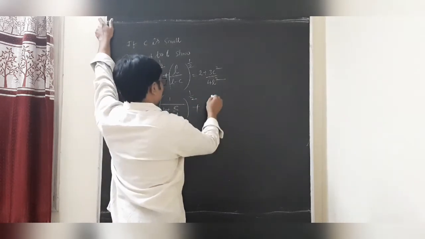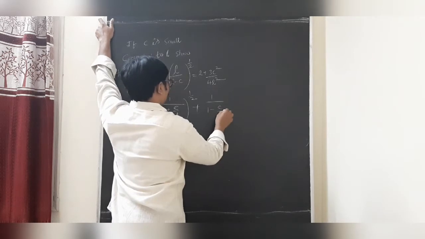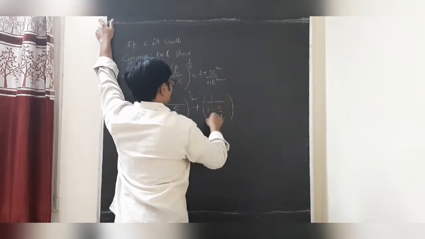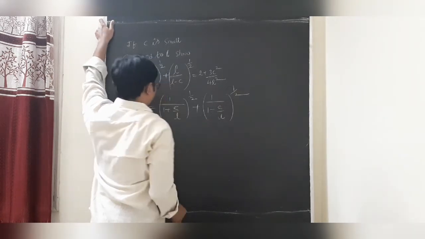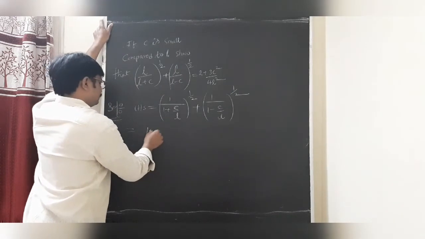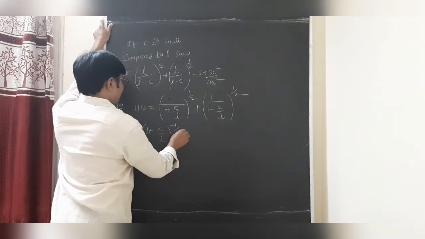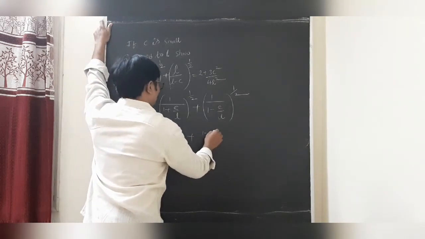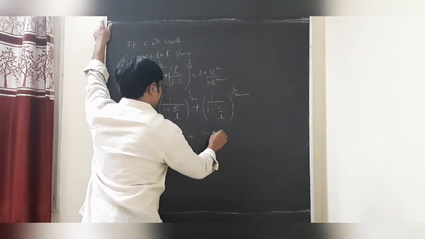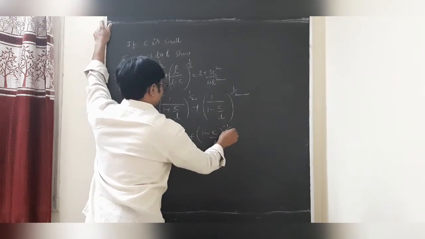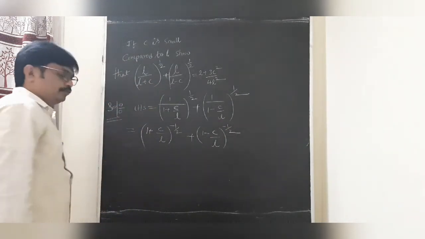So dear students, this is also 1 upon (1 minus C by L) whole power 1 by 2. So dear students, (1 plus C by L) whole power minus 1 by 2, (1 minus C by L) whole power minus 1 by 2.